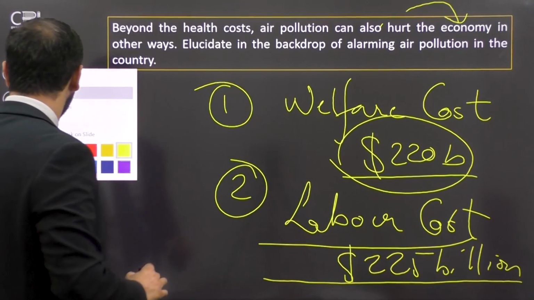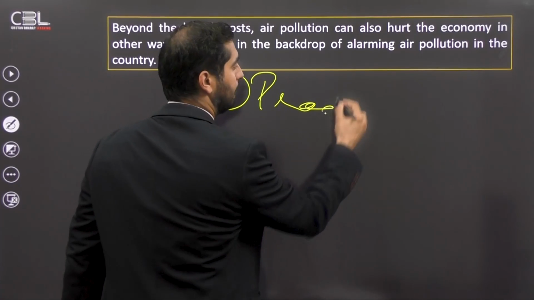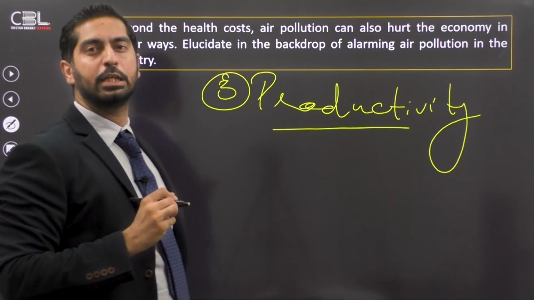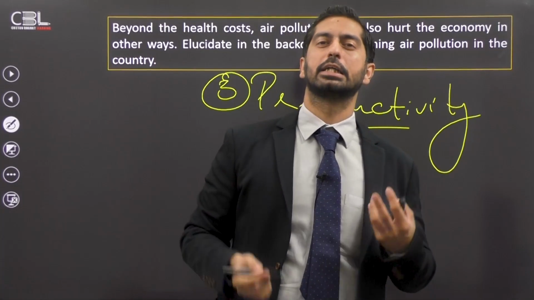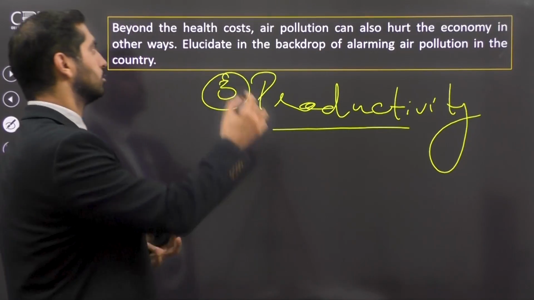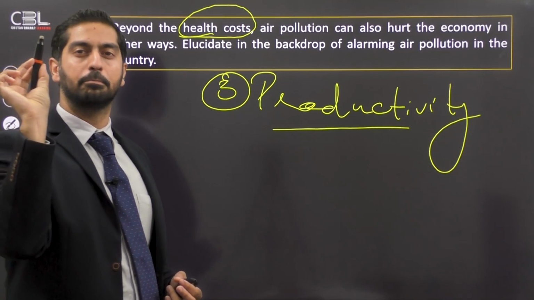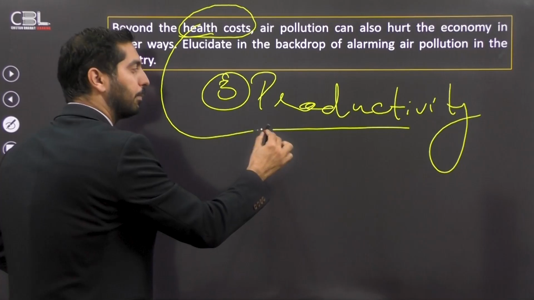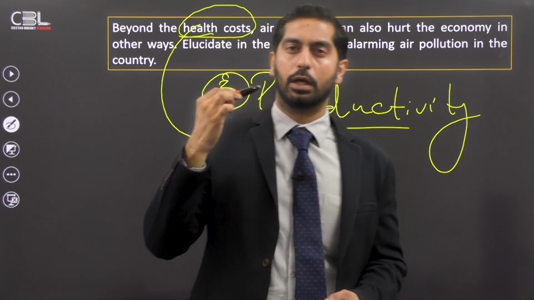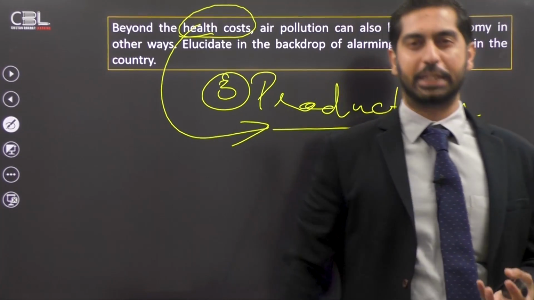Then the third is the impact on productivity. If there is excessive pollution and it's showing impact on our health, on our body, leave aside the direct health cost, that also has an impact on the employee productivity, the work that you can produce in a unit time.